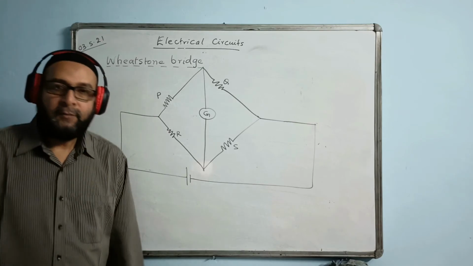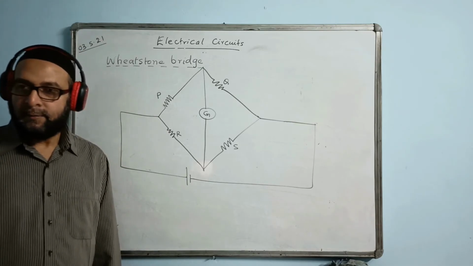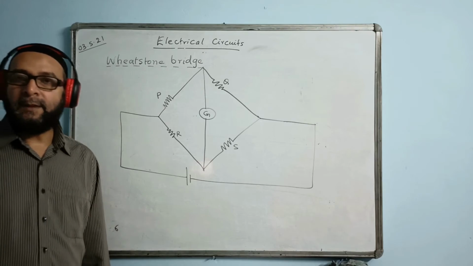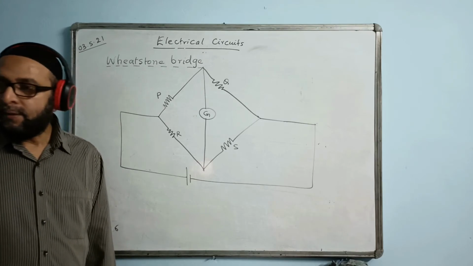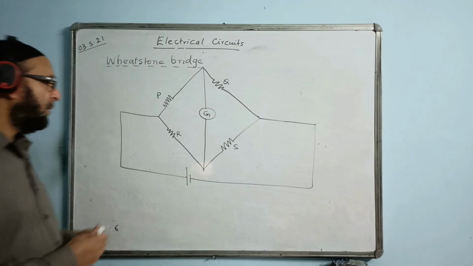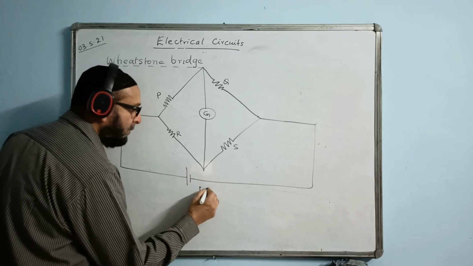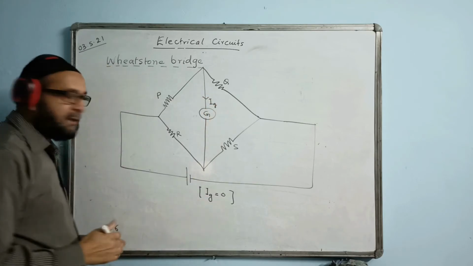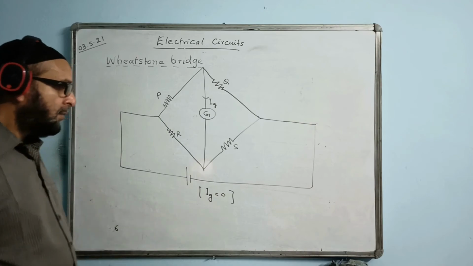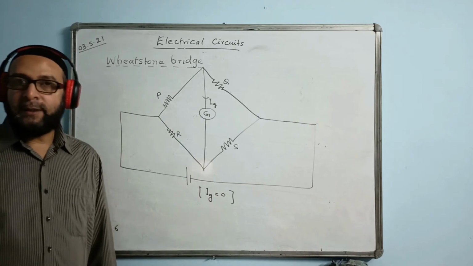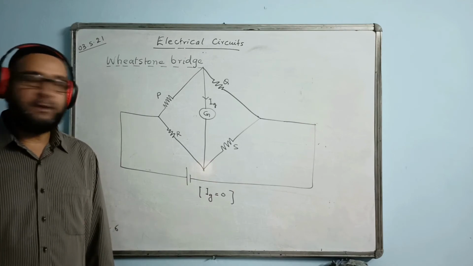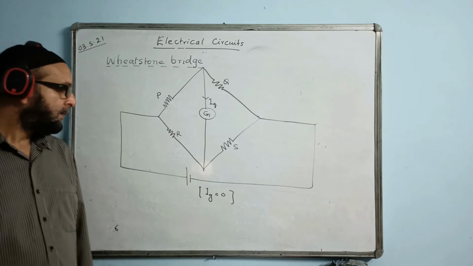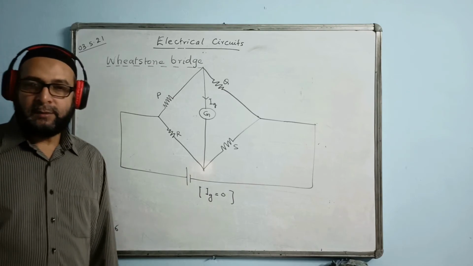When the galvanometer in the circuit gives null deflection, under bracket you write Ig equal to 0, current through the galvanometer is 0, then the bridge is said to be balanced.